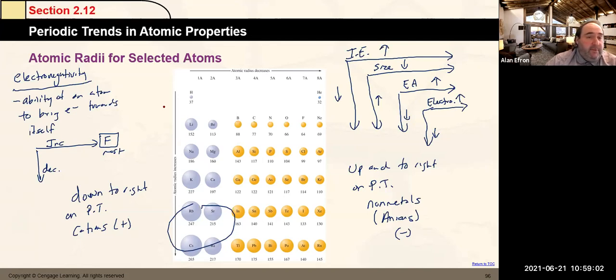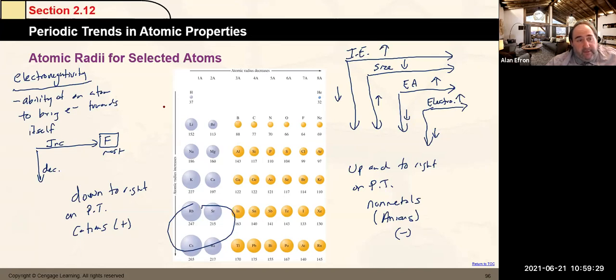Especially when metals and non-metals get together, what we typically see in terms of electrons is that our metals are willing to part with their electrons. That's why we typically see metals become positively charged cations, while nonmetals, on the other hand, because of all these periodic trends, all those trends point to the direction that nonmetals like their electrons.